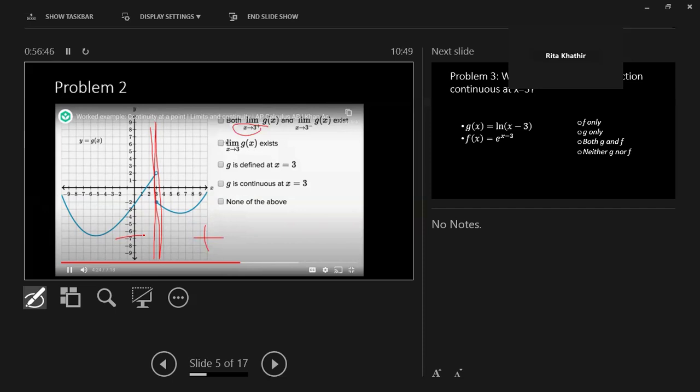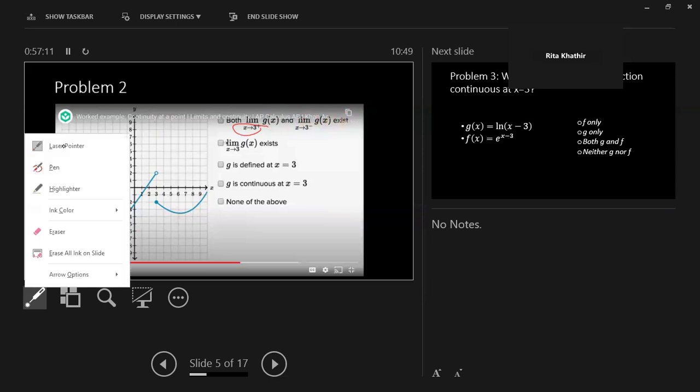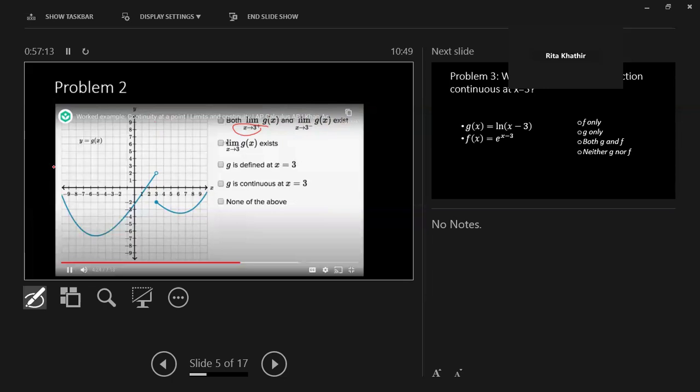Look, both limit x approaches 3 from the right hand side of g of x, and limit x approaches 3 from the left hand side of g of x exist? Exist? No. Why? How exist?